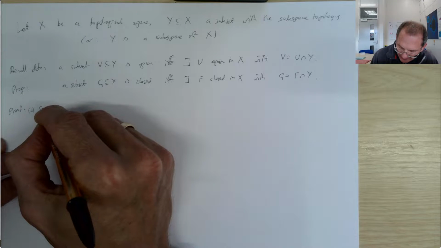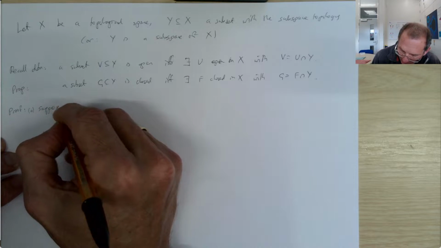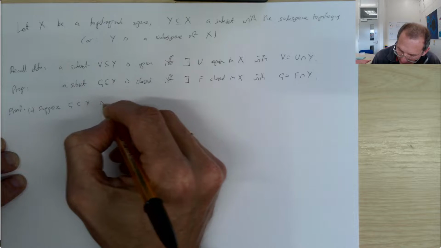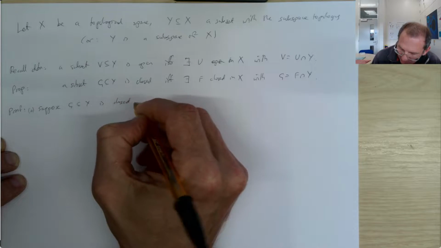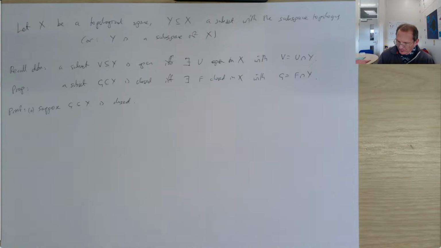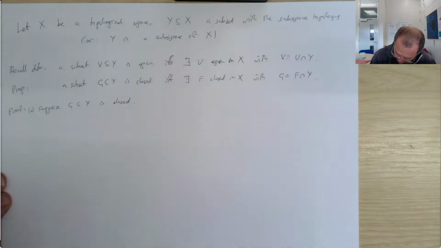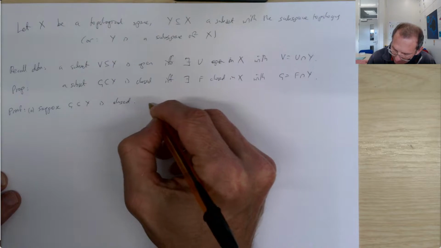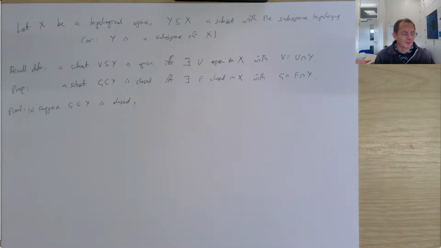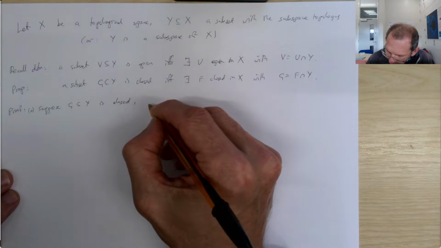firstly, let's suppose G is a closed subset of Y. And remember what that means in the context of topological spaces. To say that a subset is closed just means the same thing as to say that the complement is open.